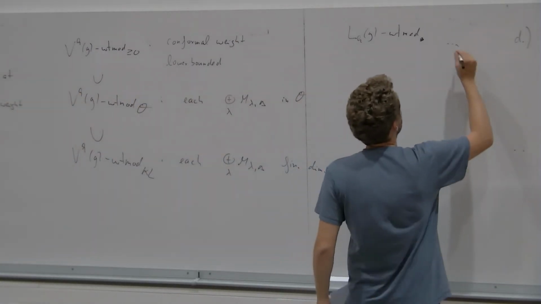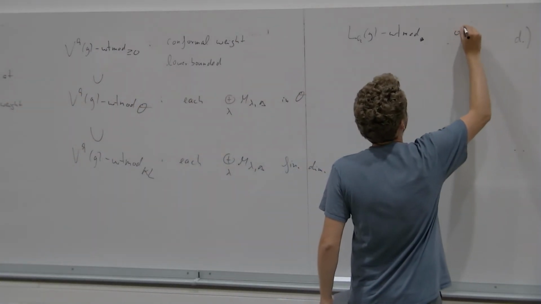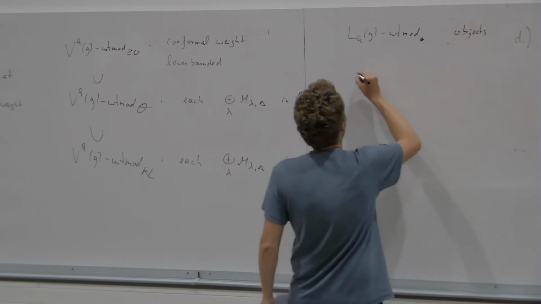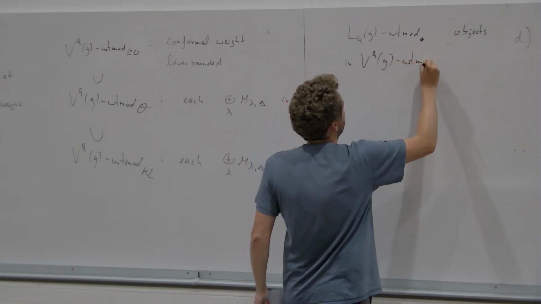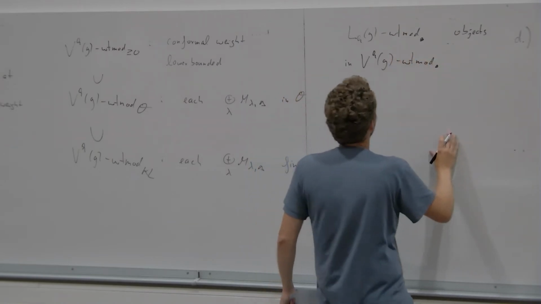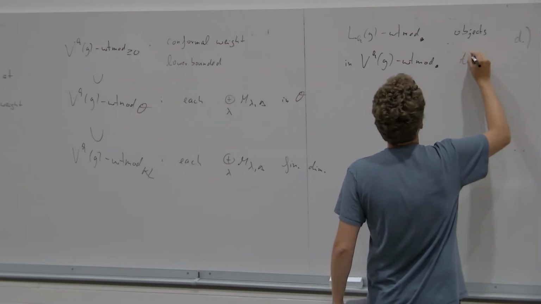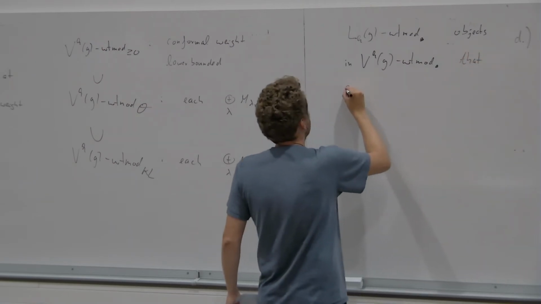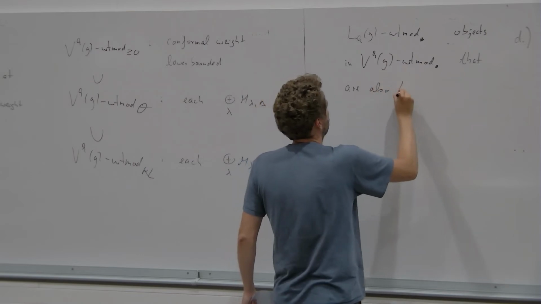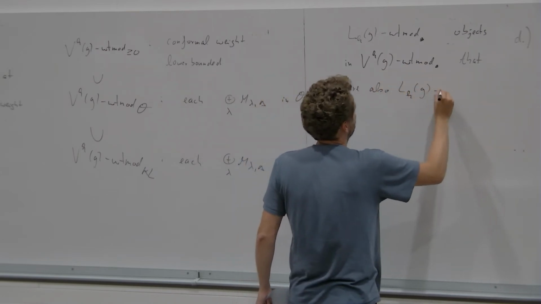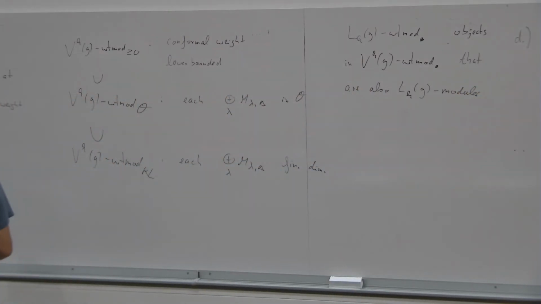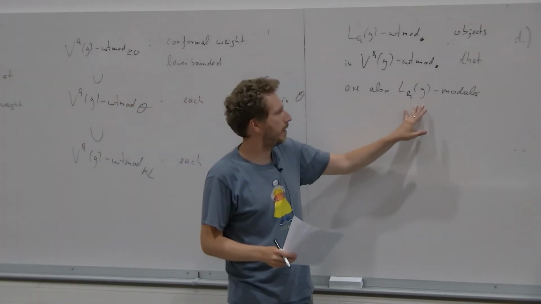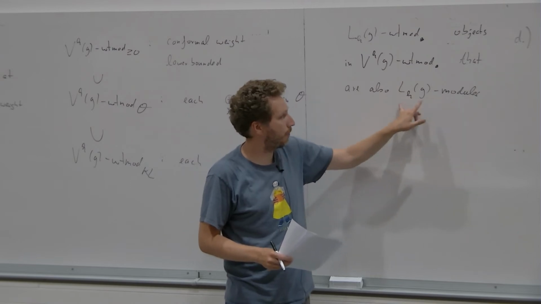So these are the objects in the corresponding category of the universal affine VOA that are also modules for the simple VOA. These will be subcategories of these four categories with an additional property that you can give a module structure for this vertex algebra on it.